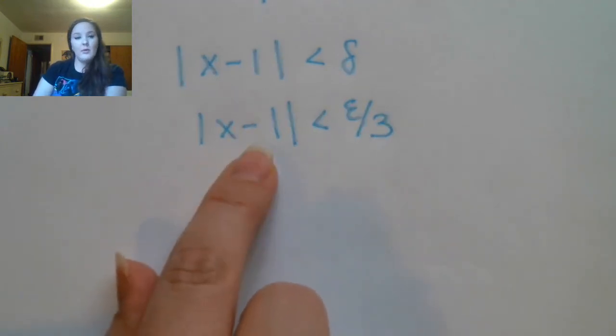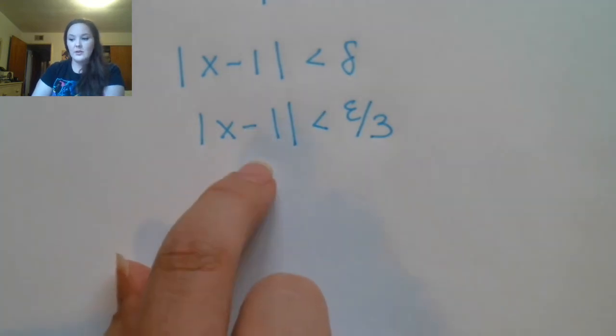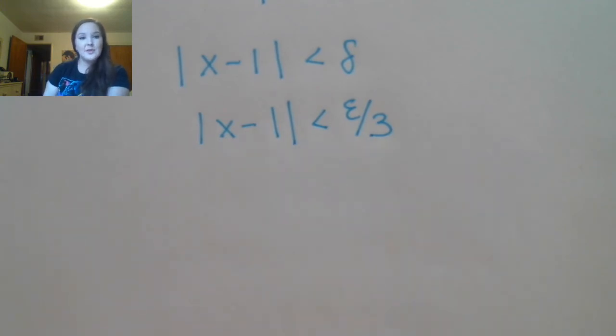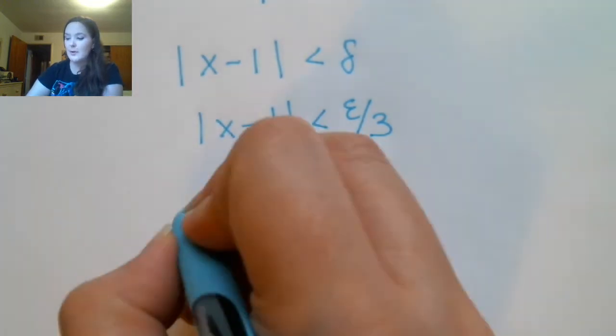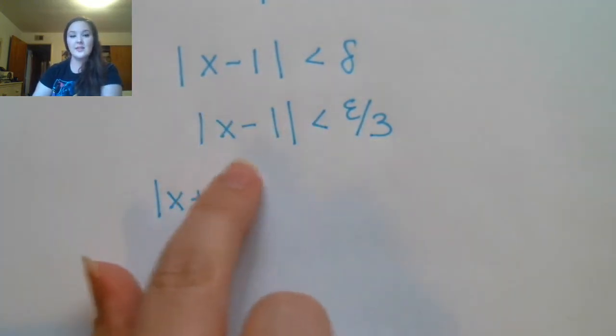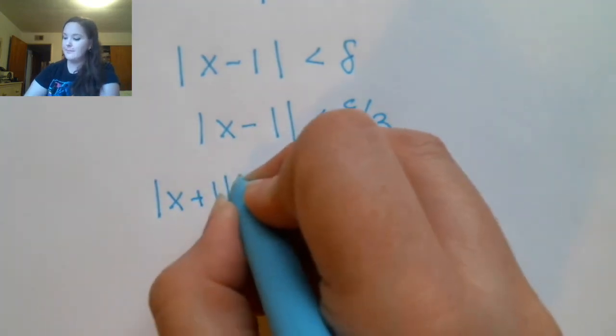So now we're trying to make it look like x squared minus 1. That means we have to multiply by the absolute value of x plus 1. So we're going to multiply by the absolute value of x plus 1, because we're trying to turn this into x squared minus 1.